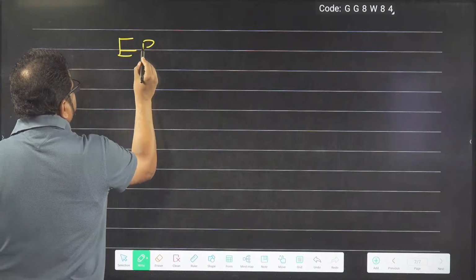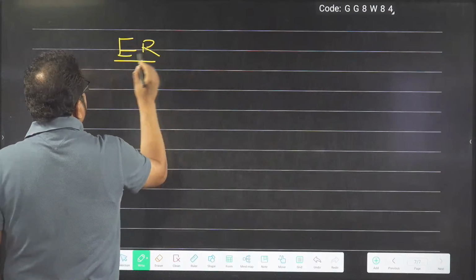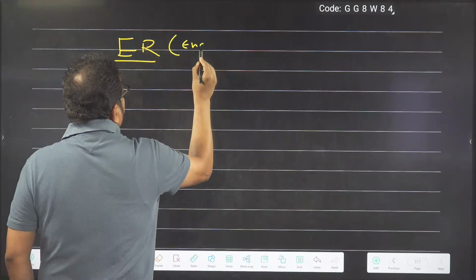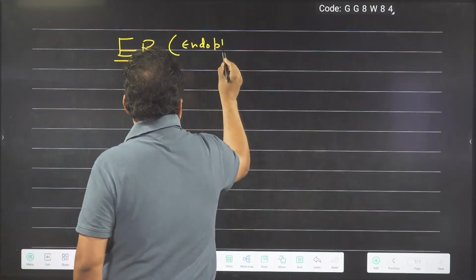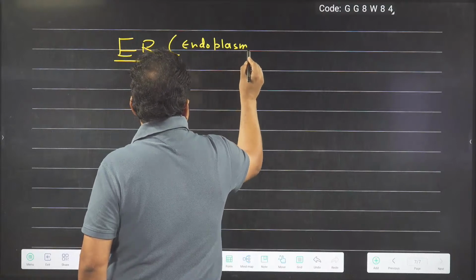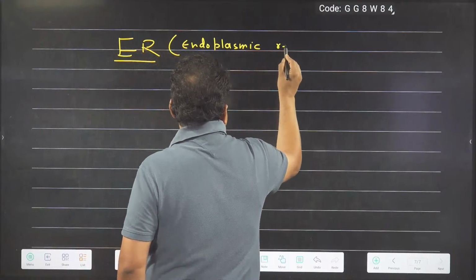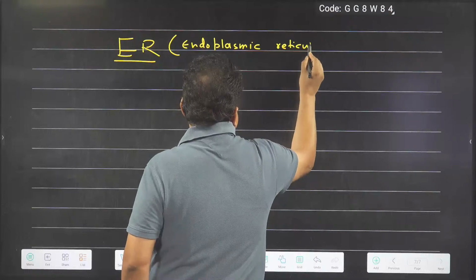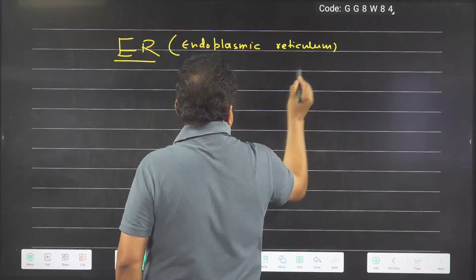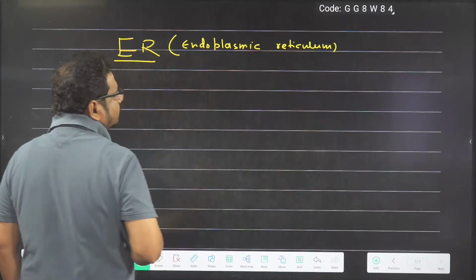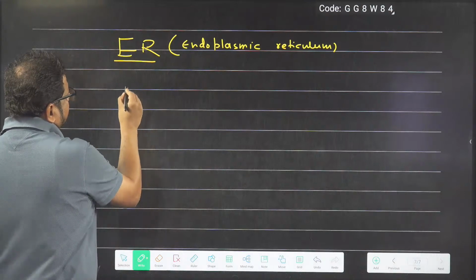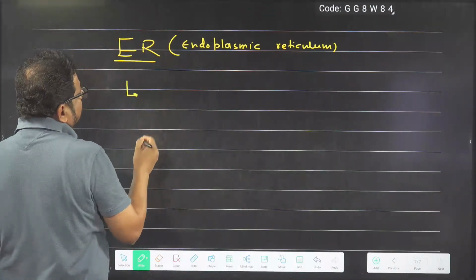I am starting with which one? Endoplasmic reticulum, ER. So what is endoplasmic reticulum?